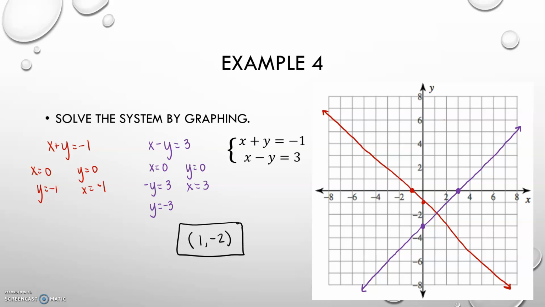But because I didn't draw my line perfectly, it looks like it could be 1.1, negative 1.9. So graphing doesn't allow us to do exact work. It allows us to do a lot of guesswork and estimating, but it depends upon how accurate we are in our graphing.